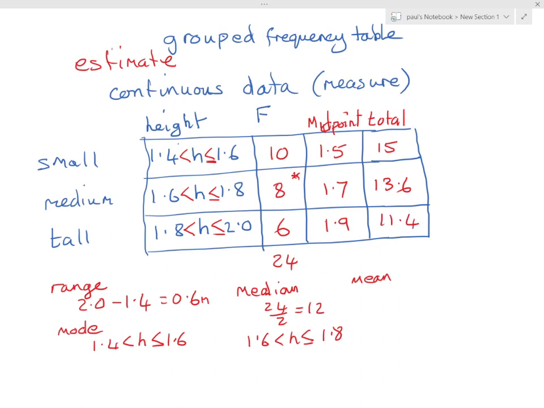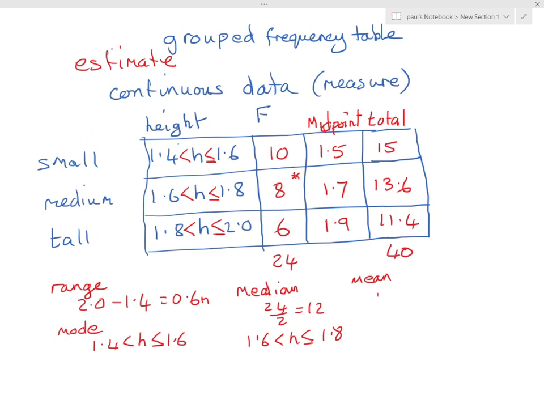So 11.4 plus 13.6 plus 15 equals 40. A nice round number, 40. So that's the estimated total height in meters.